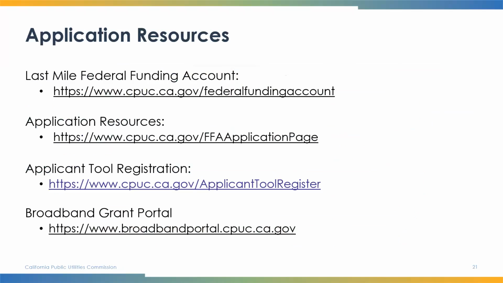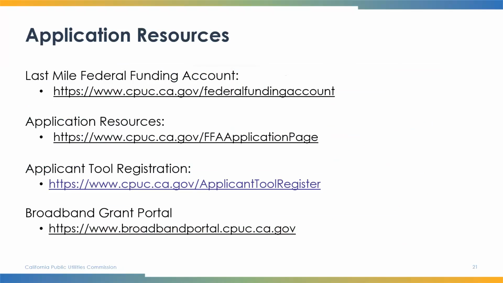For general information, please visit the Federal Funding Account main webpage at www.cpuc.ca.gov/federalfundingaccount. For application resources, go to the Application Resource page at cpuc.ca.gov/FFA application page.